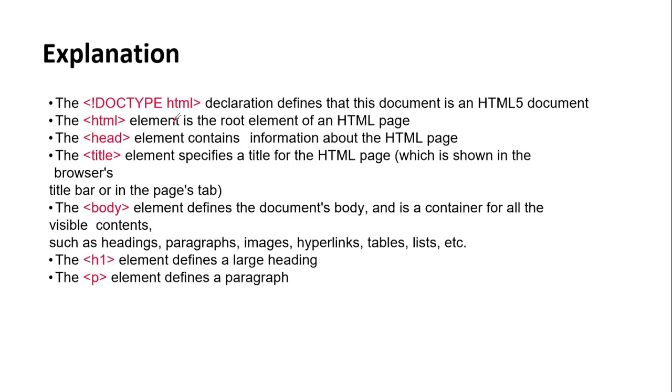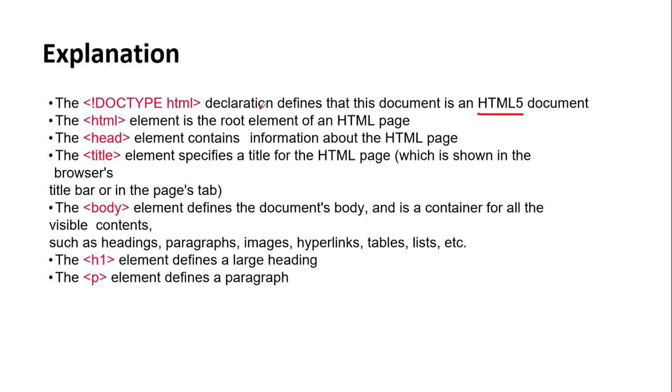First statement, you have to write the declaration part. The declaration is doctype HTML. What does doctype mean? It is the document type, telling which file it is, an HTML file, and which version we are using. Currently we are using HTML 5.0.